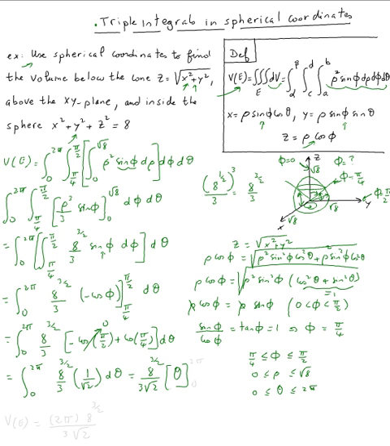I want my theta to go between 0 and 2 pi, which is 2 pi minus 0. So I'm done. How do I write that? Well, let's write it like this: 2 pi times 8 to the 3 over 2 over 3 square root of 2. So this is my value. And that's it for this example.